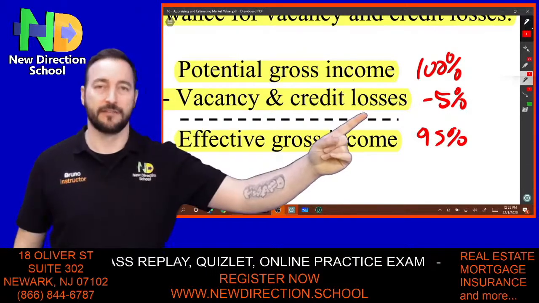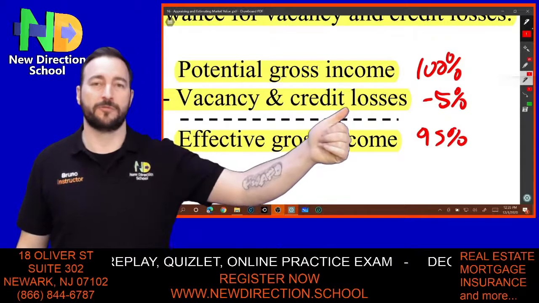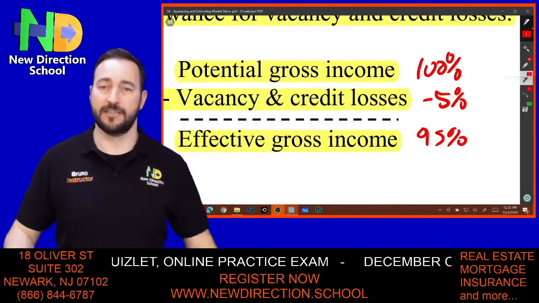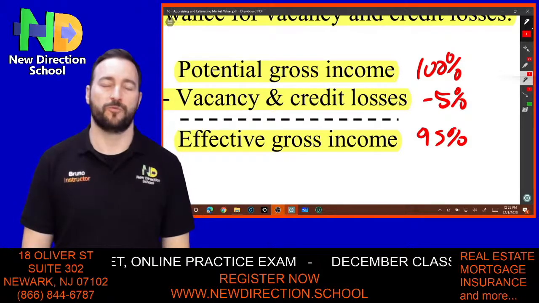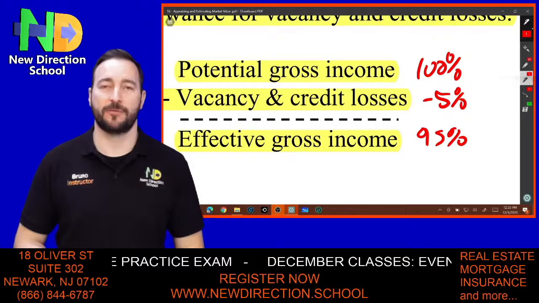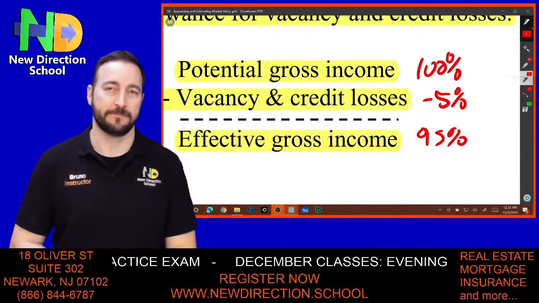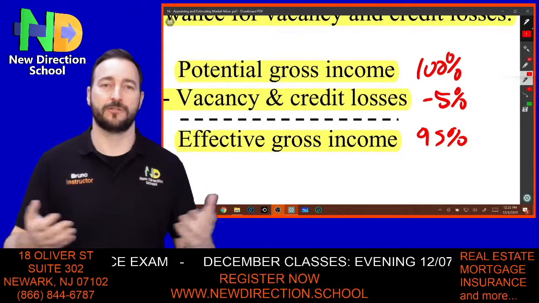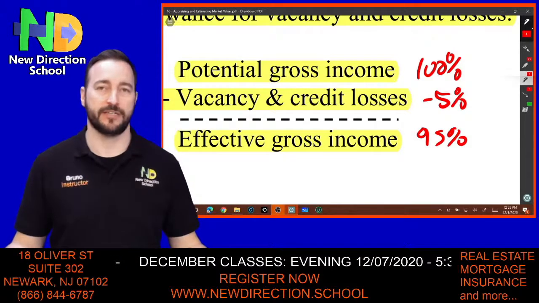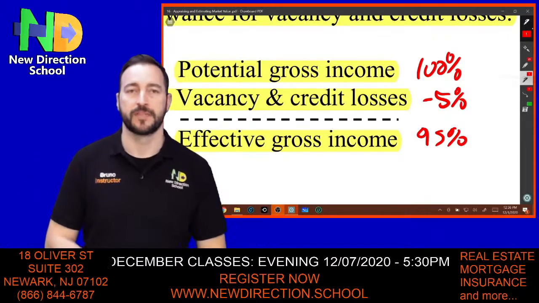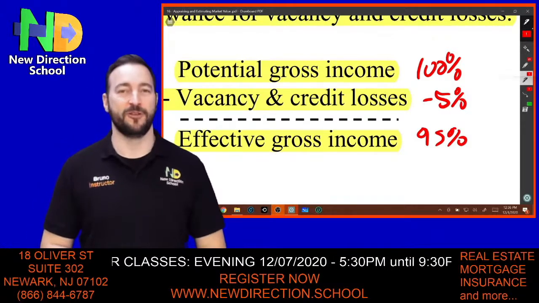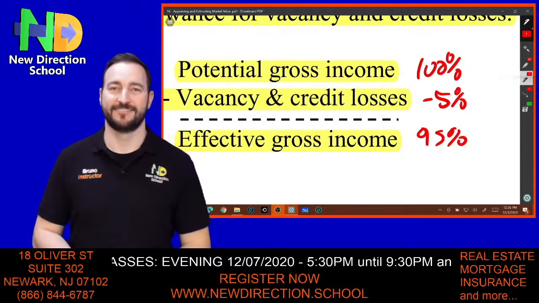I can expect some people will leave, some people will not pay, roughly 5% of it. It could be 10, it could be 20, depending on what type of business you're in. Hotels and motels expect anywhere between 30 to 40% vacancy throughout the year. At certain times of the year they go to 20% vacancy or even 10% vacancy. But the majority of the time, if a hotel says they're fully booked, they're not.